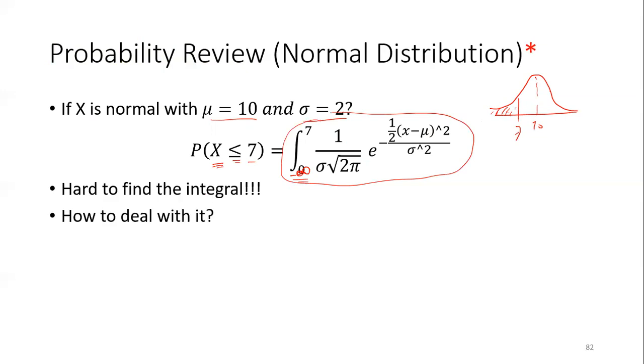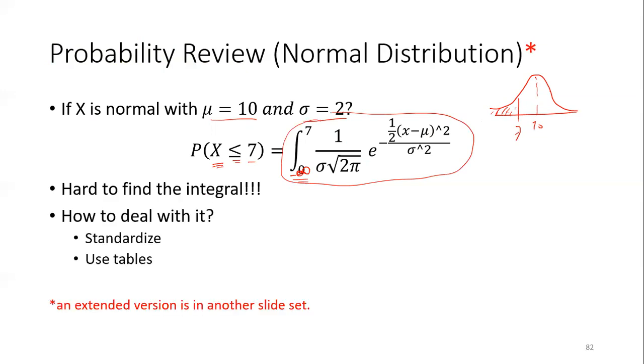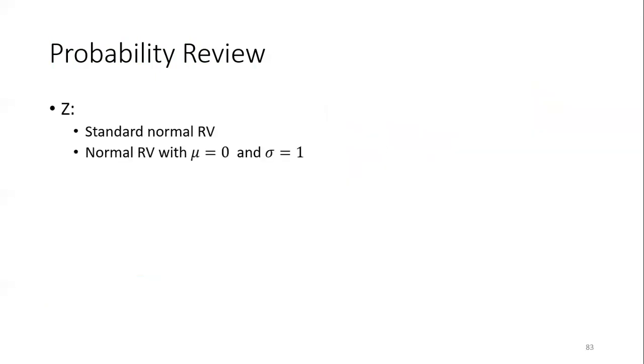But of course, we are lucky because what we do is we just standardize them, right? And use tables. So for any normal random variable, we standardize it, which means that we transform it to another random variable, a standard normal random variable, and then use tables to find the probabilities, right?